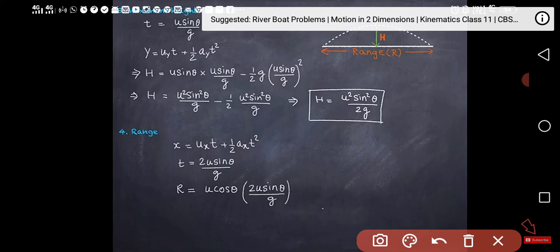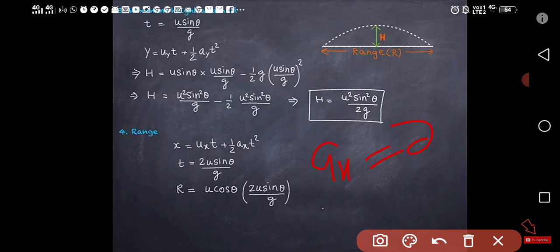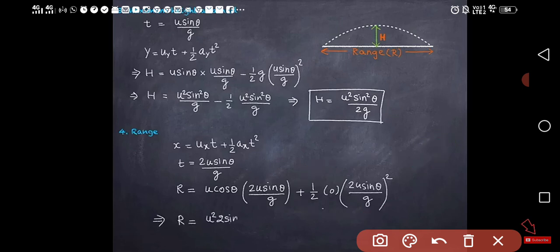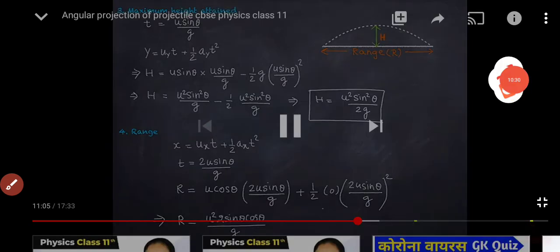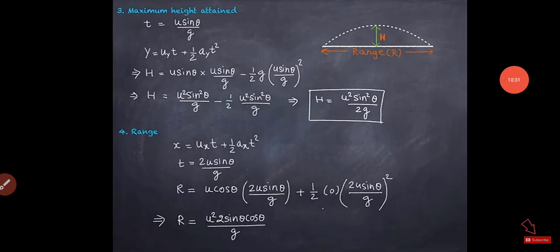So our values we have to put, a_x is already equal to 0, which we have written in the beginning, and you have to keep it in your mind. So when you put all these values, the second term will reduce to 0 because it is multiplied by 0, and you get that range is equal to u square sin 2 theta, that is 2 sin theta cos theta, upon g.